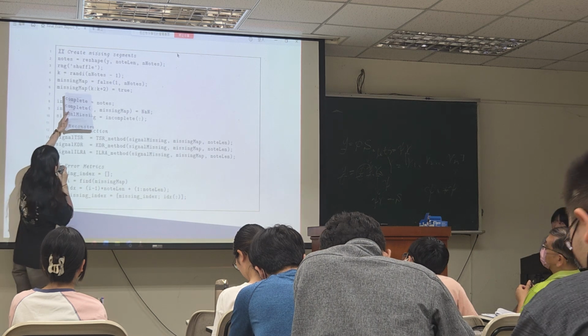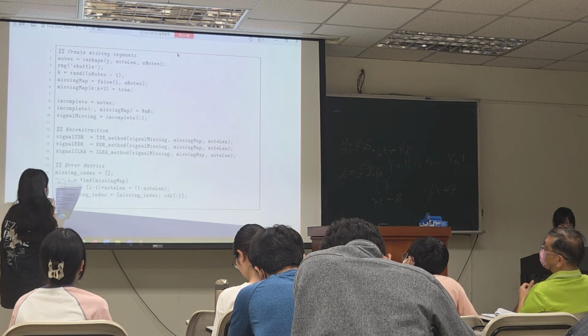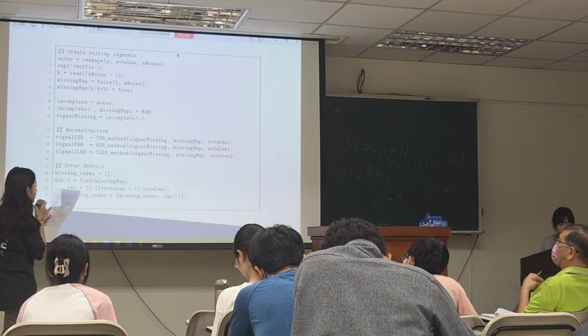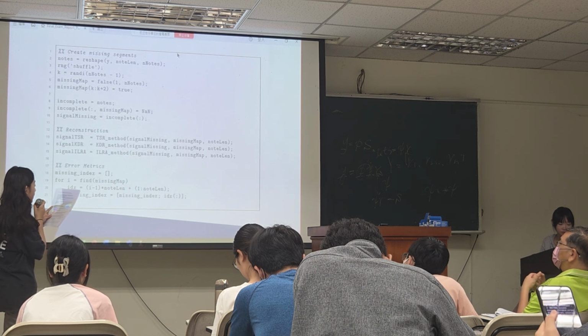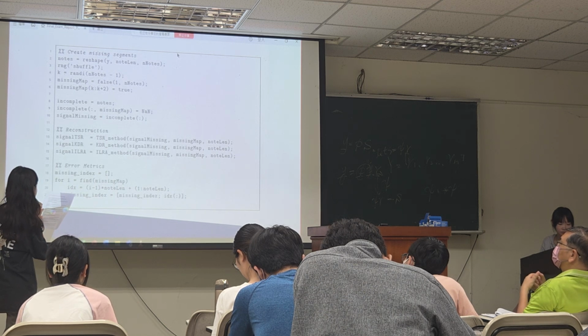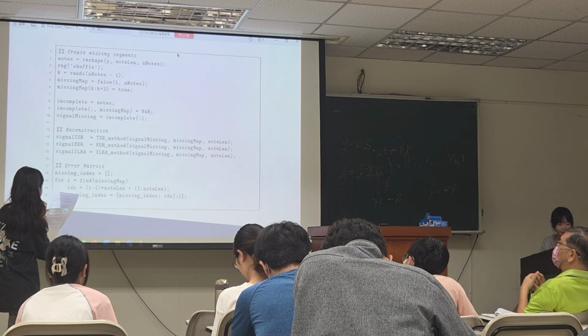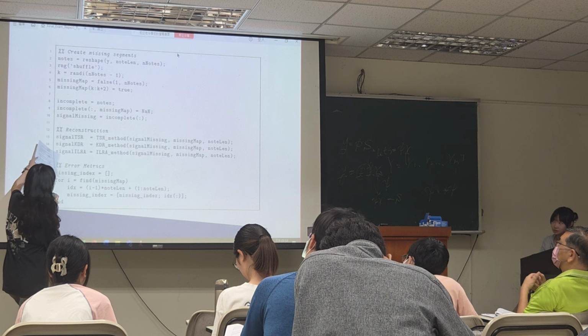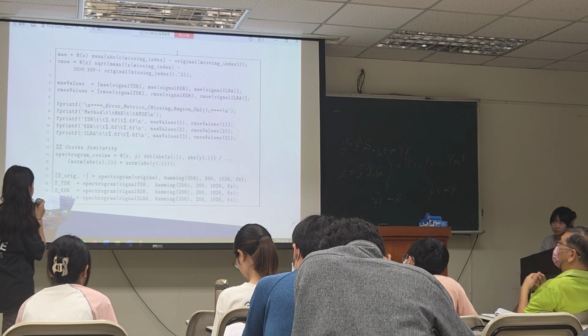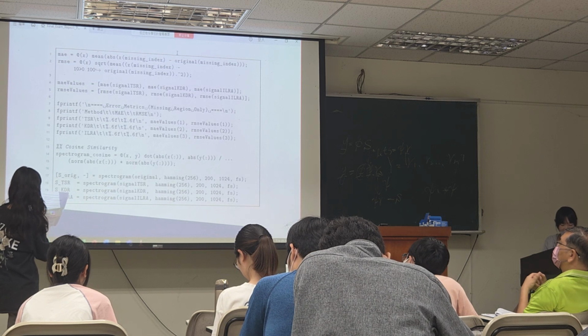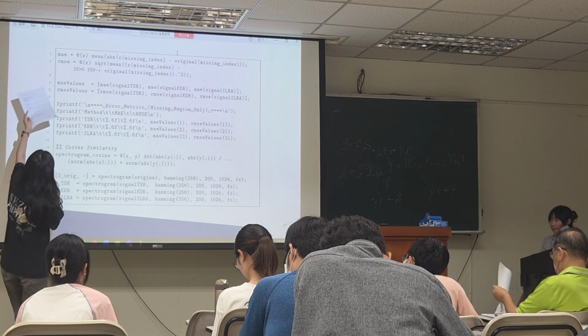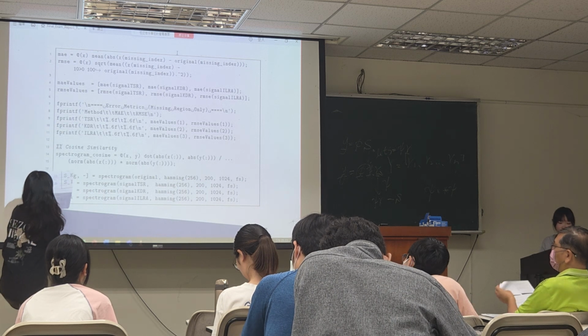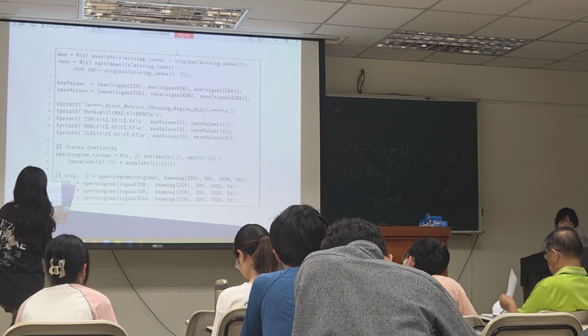The part k plus 2 means a segment of 3 continuous notes which we treat as a missing section. Below that, we apply 3 reconstruction methods: PSR, KDR, and ILRA. Next, we calculate the MAE and the RMSE.